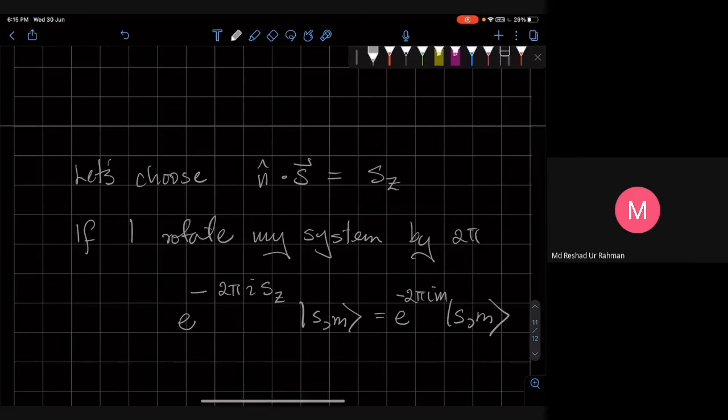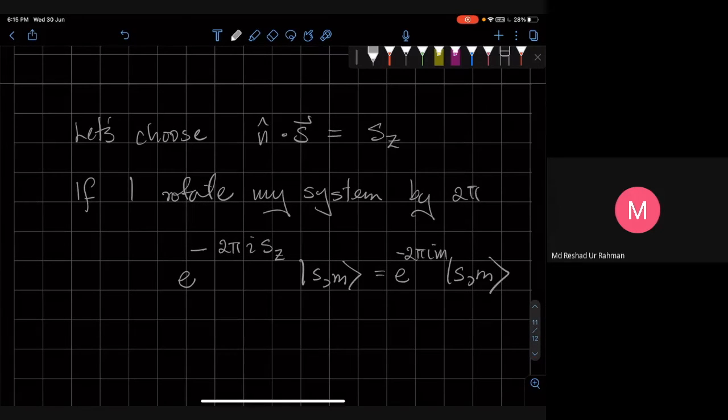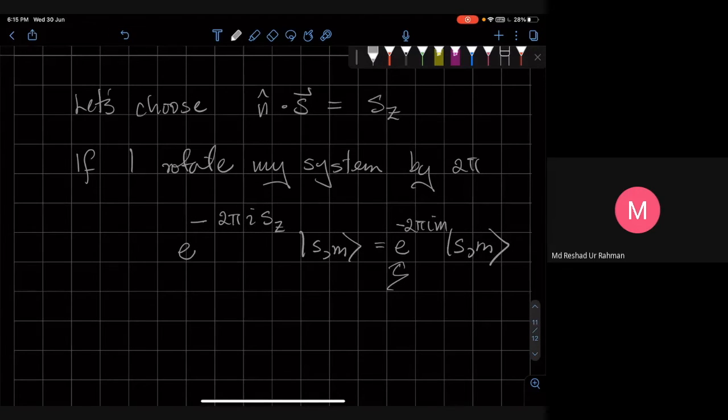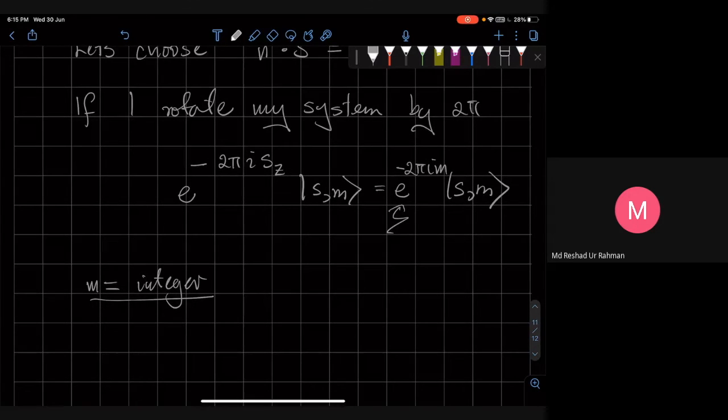But here there is no constraint that this thing has to be 1. So m can be integer. If m is an integer, then we see that under rotation, these factors are 1.